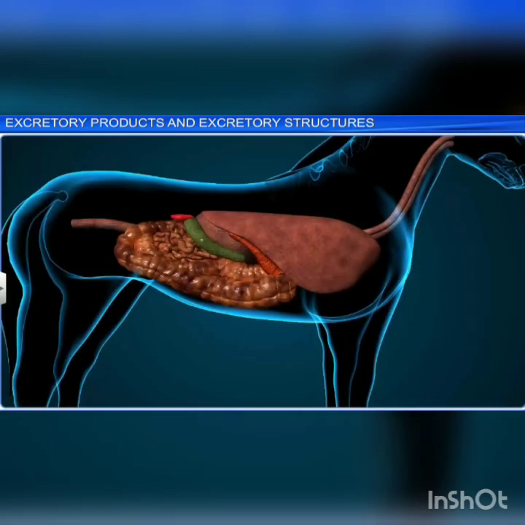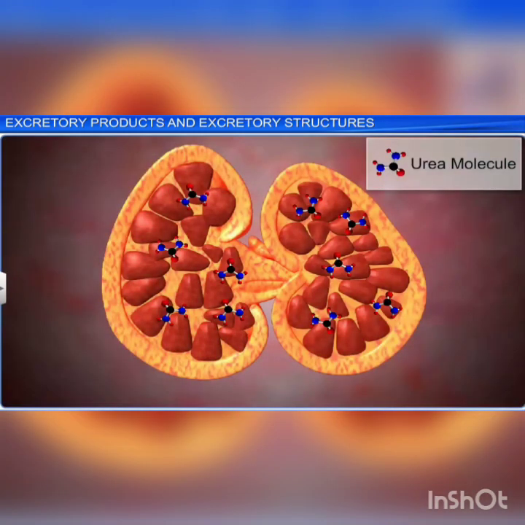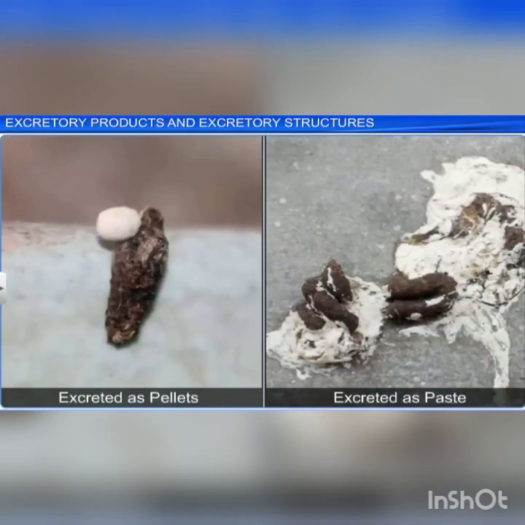However, in some animals, a small amount of urea is retained in the matrix of the kidney to maintain the required osmolarity. The least toxic form of nitrogenous waste is uric acid. Though excretion of uric acid involves a lot of energy, it helps conserve water considerably, as it is excreted in the form of pellets or paste involving very little water.